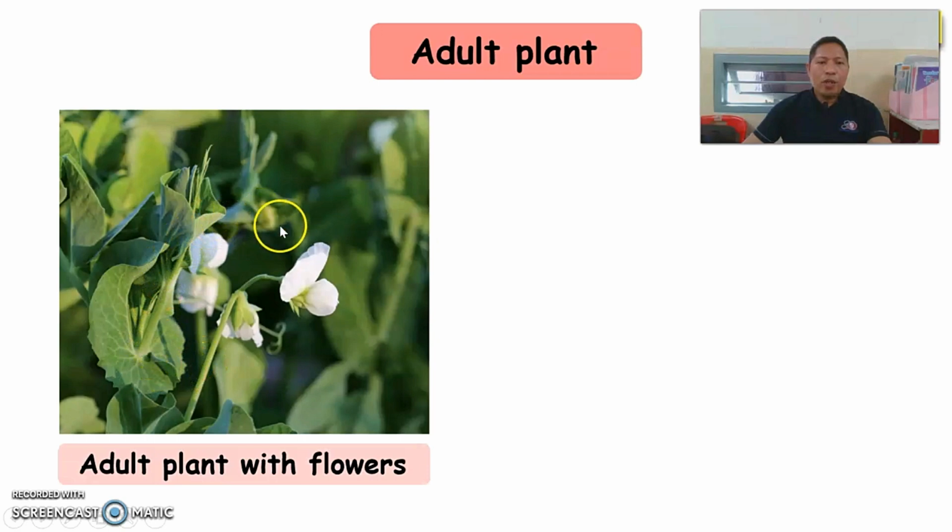This flower starts to make the fruit. Again, the adult stage of the plant will start to give a flower, and this flower will become a fruit in a few months or in a few days.